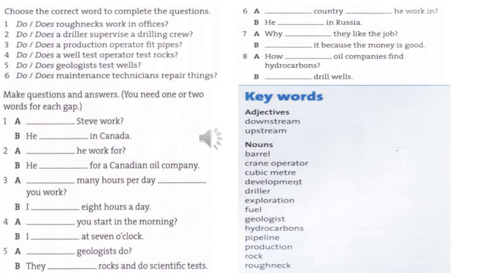Or which country does he work in? What country does he work in is the right one. B. He works in Russia. Number 7. Why do they like the job? B. They like it because the money is good.